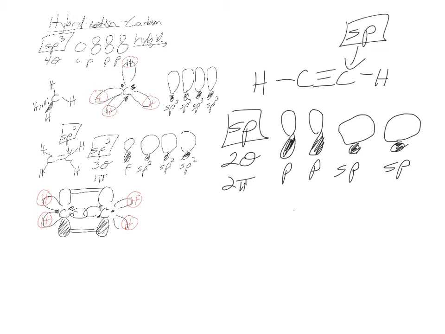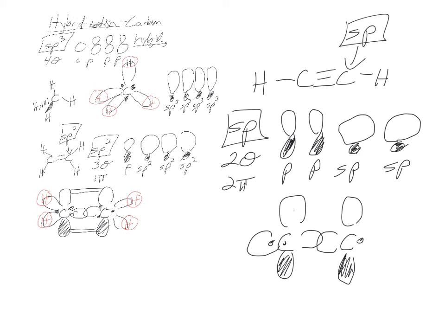So let's take a look and see what this looks like. So p orbital, and this would be a short, fat sp orbital. I'll draw the hydrogen in here. The H would be over here.